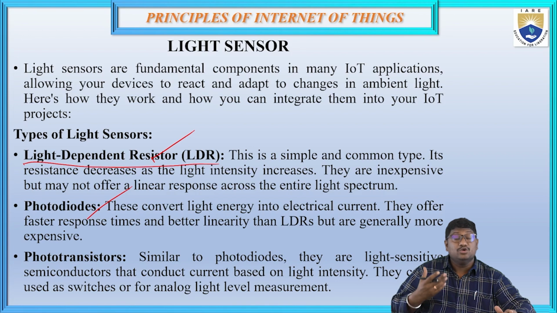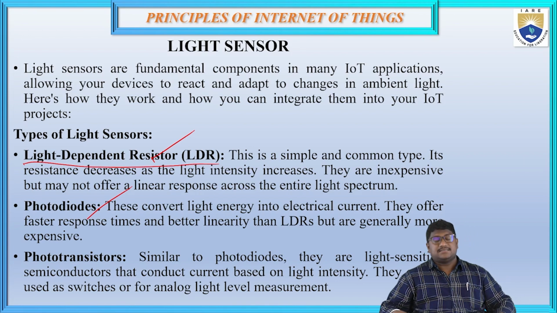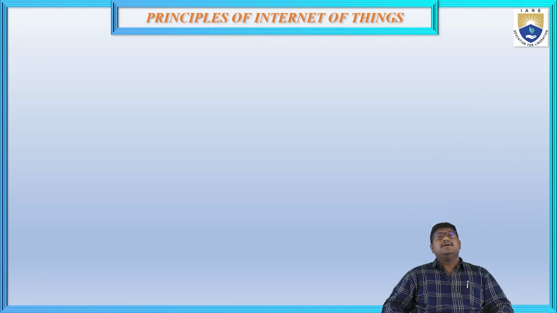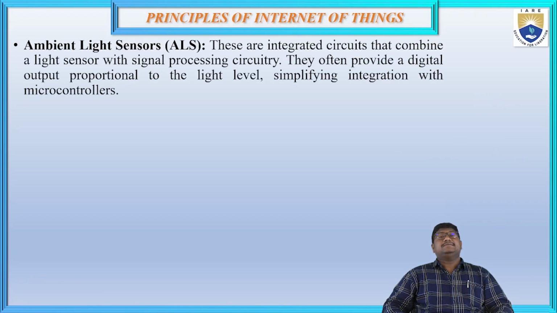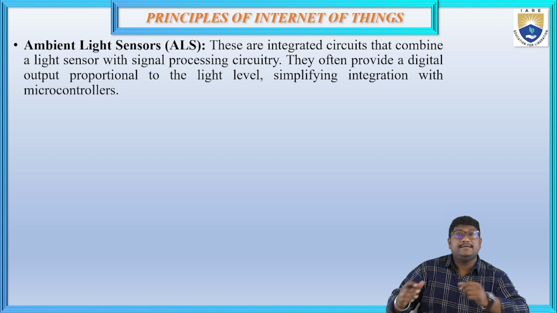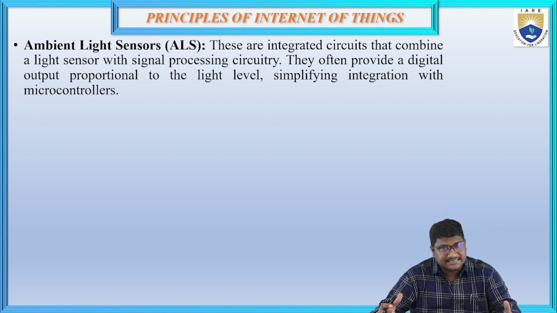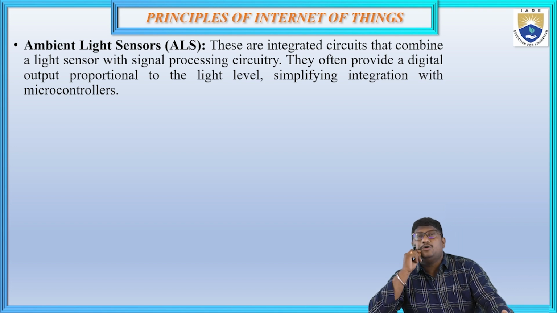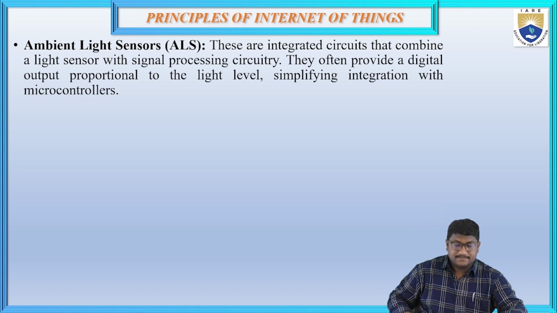That is the usage of photodiodes and phototransistors. Along with that, we have ALS, which stands for ambient light sensors, used in integrated circuits which combine light sensors with signal processing circuitry, offering a digital output proportional to the light level, simplifying integration with the microcontroller.